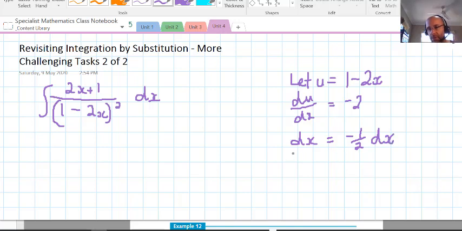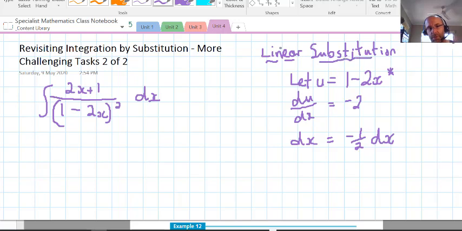Now also on this one, if we go back to this initial statement here, this is where questions like this vary slightly. Sometimes these are called linear substitutions. That's often the tag that goes along with these.